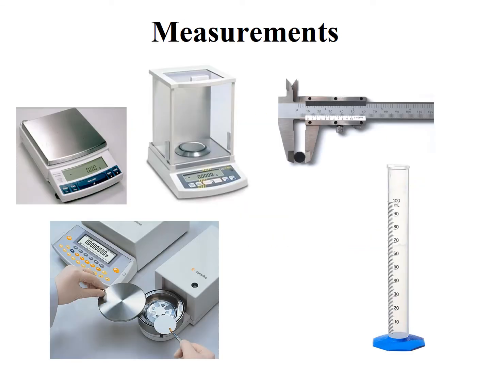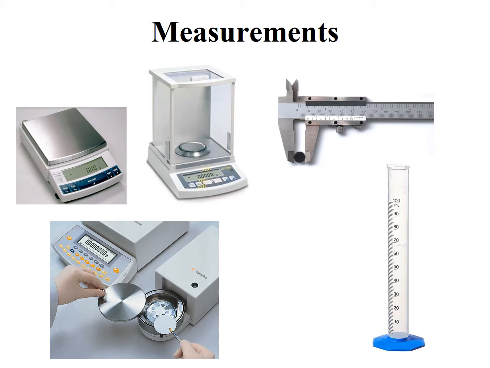In these experiments, you will experience doing measurements. The measurements that scientists make using different instruments enable them to determine the properties of substances and to deduce other related quantities. A meter stick is used to measure length.